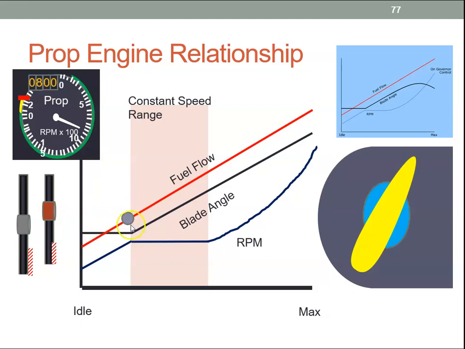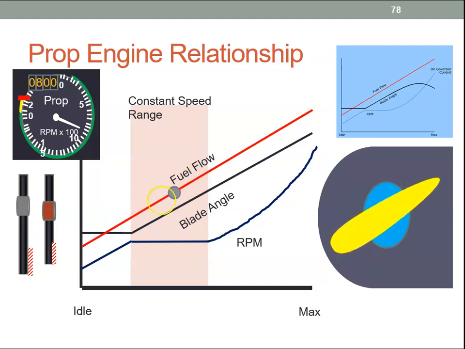When we get into the constant speed range, then when we push the power lever forward again, the power lever has gone up, the blade angle has changed, but the RPM has remained constant. And eventually we get to a setting that is outside the constant speed range.